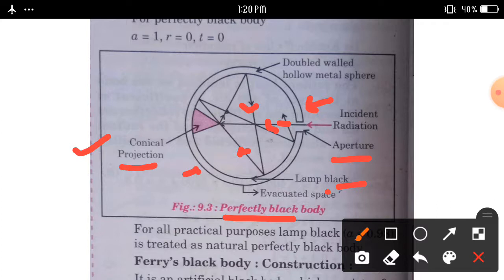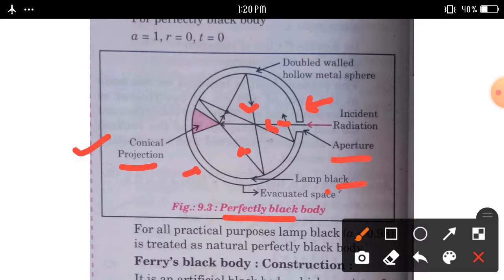In each reflection, 98% of the radiated heat is absorbed. So after a large number of reflections, almost all the radiated heat is absorbed by the sphere. The effective area of a perfectly black body is equal to the area of the aperture.